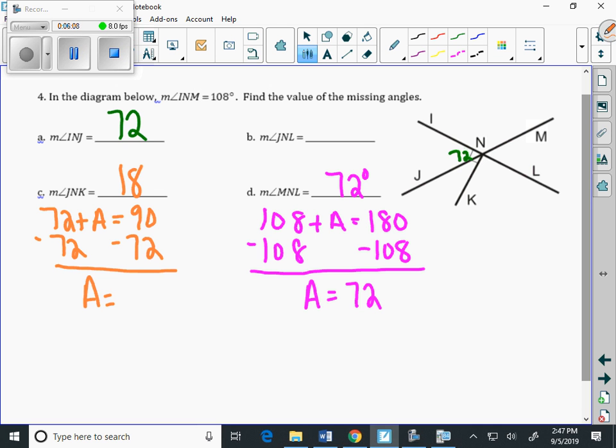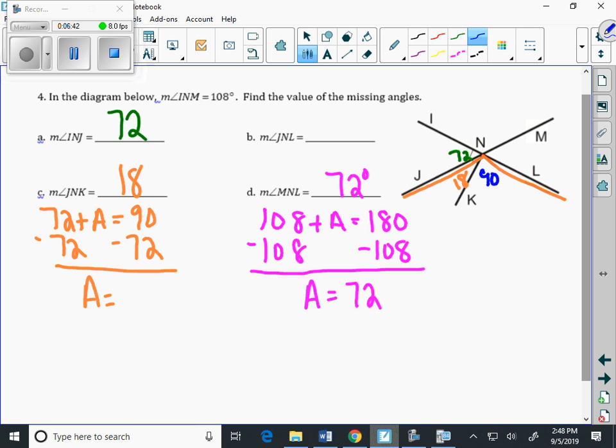So lastly, that leaves us with J and L. J and L is what we're looking for here. And we know that this angle was 18. And K and L is the 90.